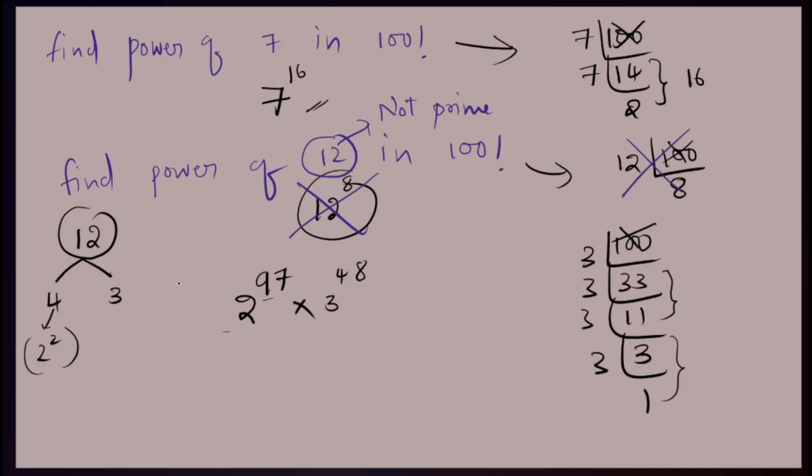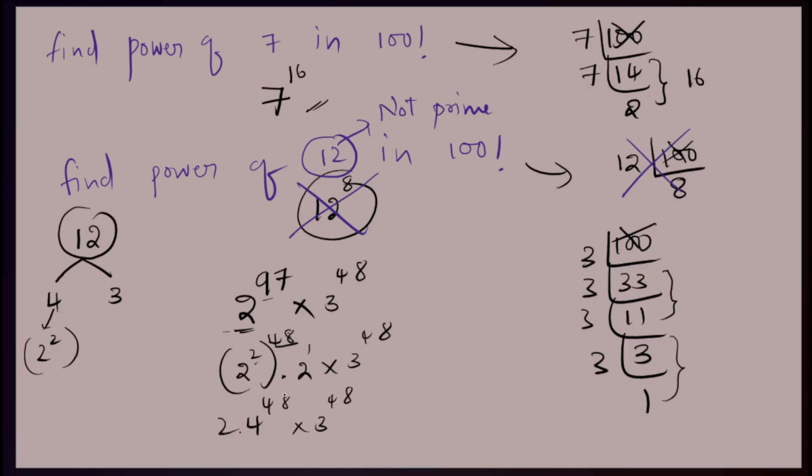Now you wanted to find the power of 12s, so you should know how many 4s are there. Instead of 2 power 97, I'll write this as 2 square to the power 48, into 2, into 3 power 48. 48 2s are 96, and this is 2 power 97. So this is nothing but 4 power 48 into 3 power 48, and we also have an extra 2.